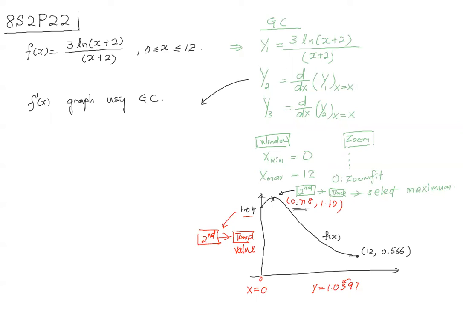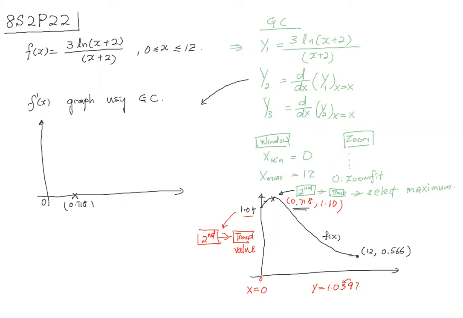So far, okay. So now, that means I know that my Y2 graph starts from 0, it will pass through this point, 0.718. And you see the FX graph is going up.